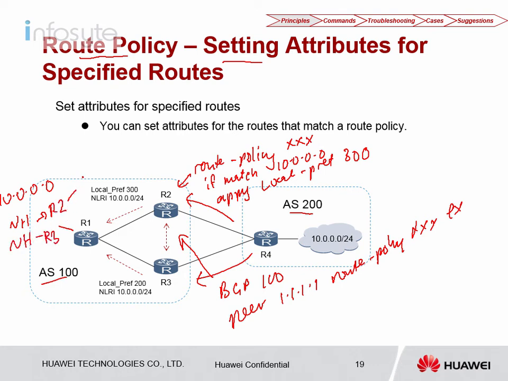Now R2 has a local preference of 300, and R3 has a local preference of 200. So at the end of the day, R1 will send traffic to the next hop R2 to go out. So we can use a route policy to set attributes, and this is commonly done when you configure BGP.